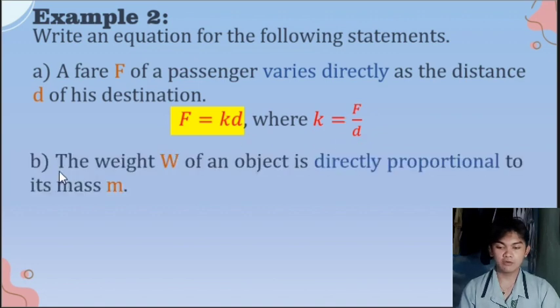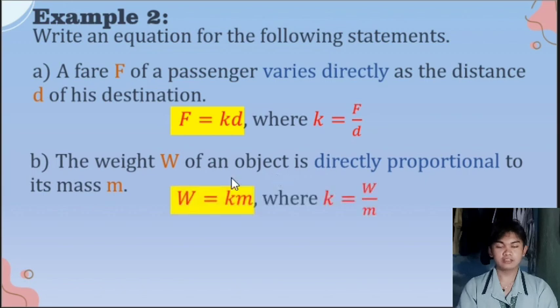Another one: the weight W of an object is directly proportional to its mass m. For this one, who wants to answer? Alright, since W is the first variable mentioned before the statement "directly proportional," W will be on the left side.